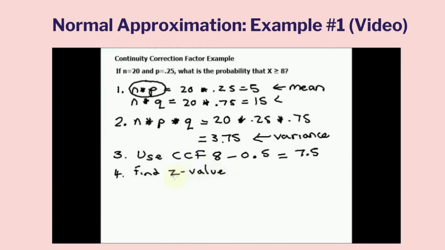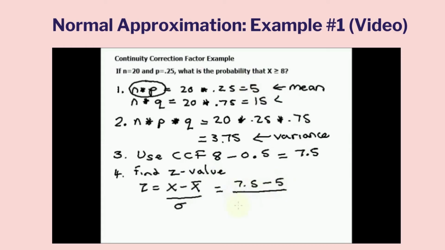I'm going to use this in finding the z value. If you're not very familiar with finding z values, you can check out our other video. The formula is z equals x minus the mean, x bar, all over the standard deviation. My x is now 7.5 because I used that continuity correction factor, 7.5, minus the mean, which we figured out here as being 5.